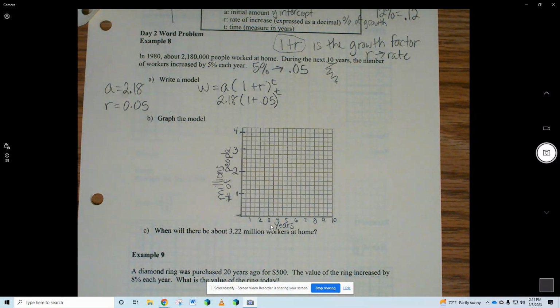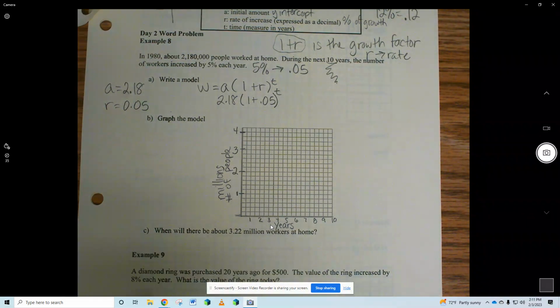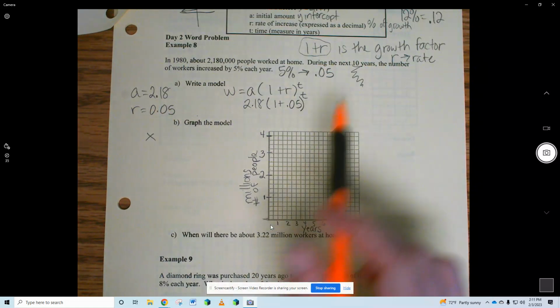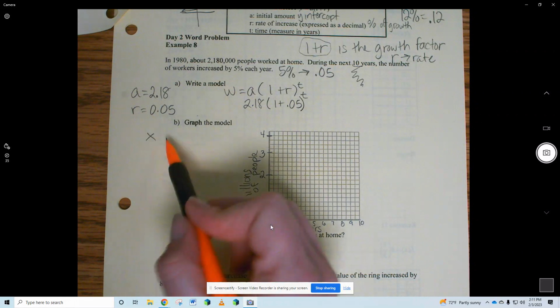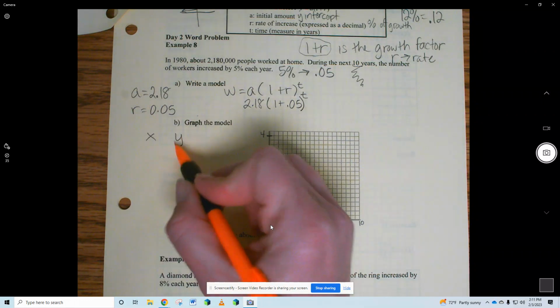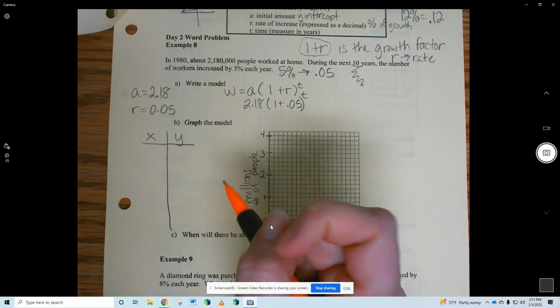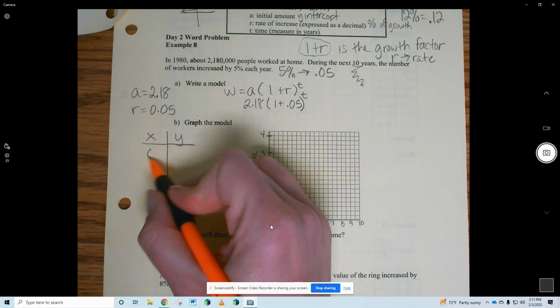Okay, now I'm actually going to do the math, and this is when a calculator comes in handy, because I want to know approximately during the next 10 years it increased by 5%. So I could do like 0 is going to be my y-intercept.